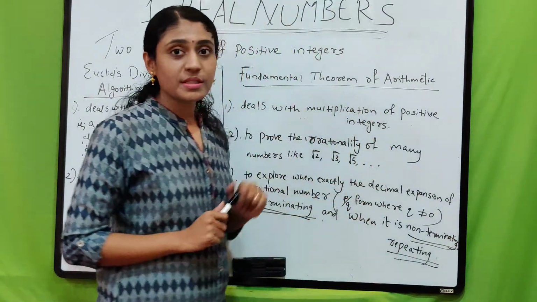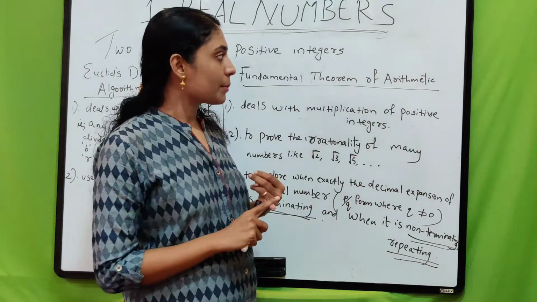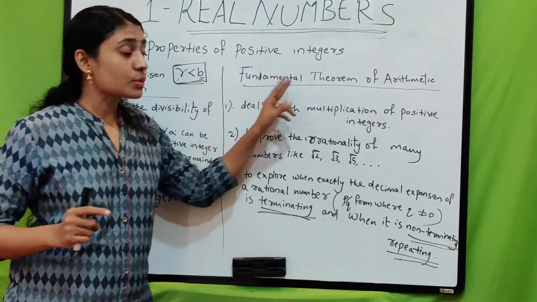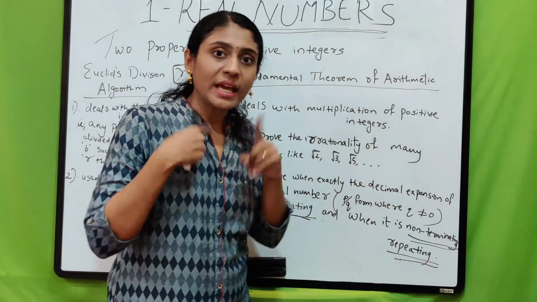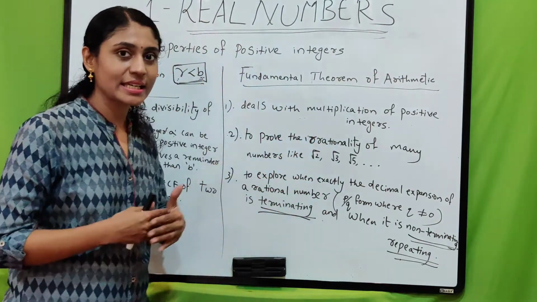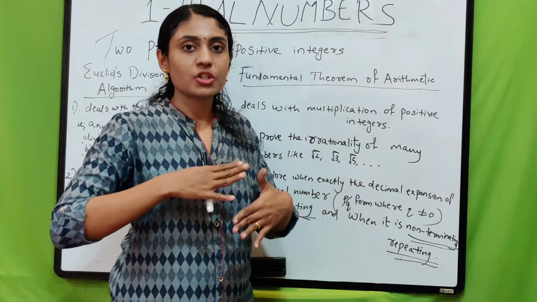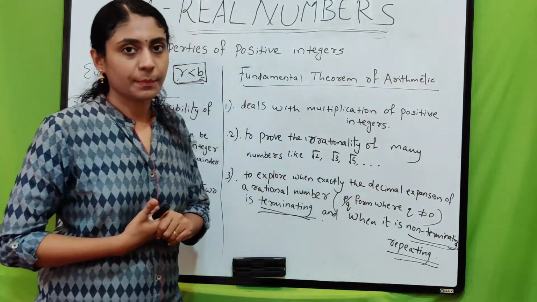In the case of the fundamental theorem of arithmetic, its application is of two types. The first application is that it deals with irrational and rational numbers. In the case of irrational numbers, we use the fundamental theorem of arithmetic to prove their irrationality. And in the case of rational numbers, we use it to find when exactly the decimal expansion of a rational number is terminating and when it is non-terminating repeating.